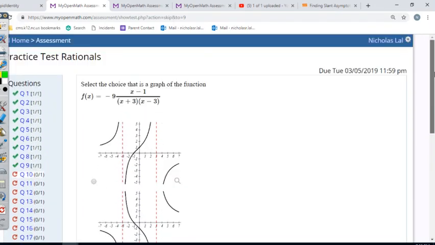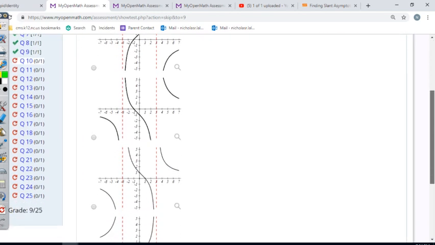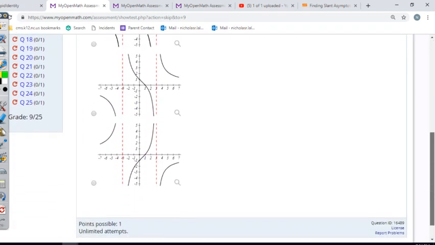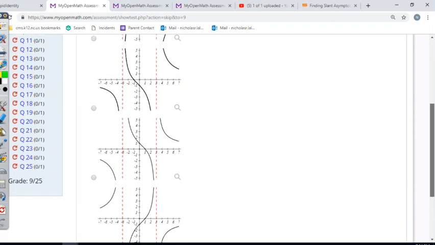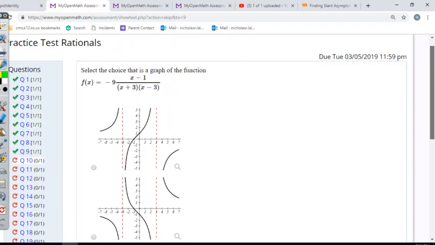We have a horizontal asymptote at y equal to 0, because the degree is larger on the bottom. So do we have any horizontal asymptotes at 0? Looks like they all do.